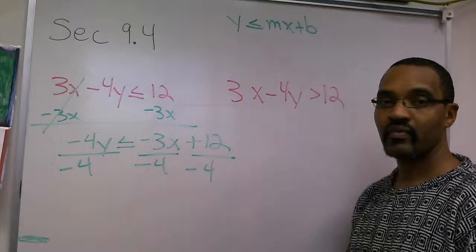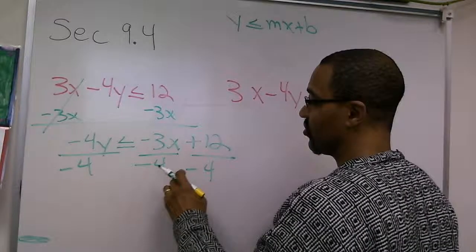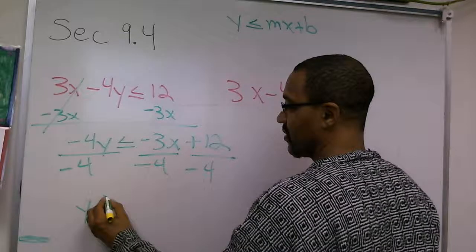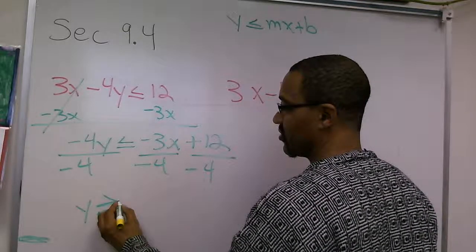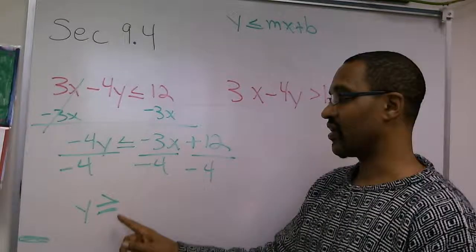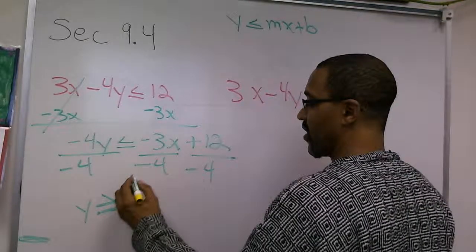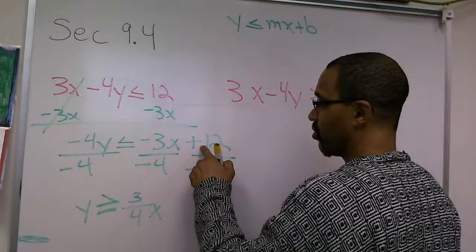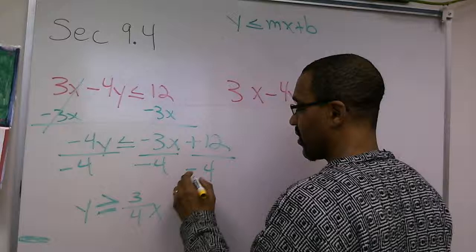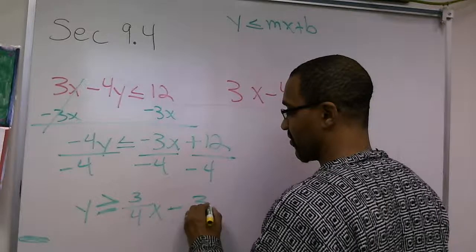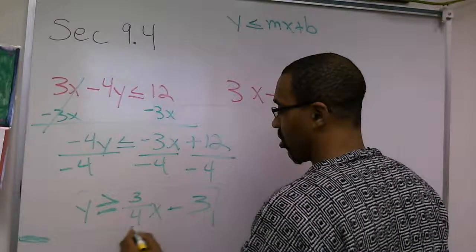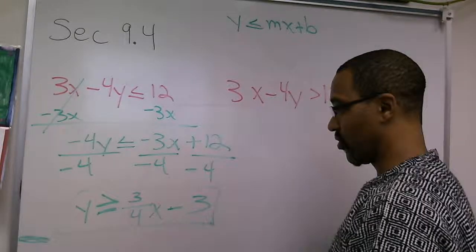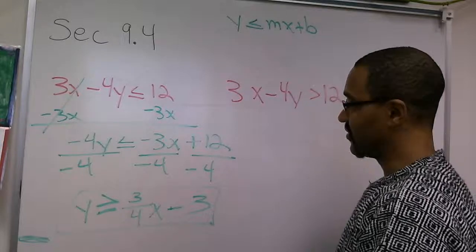Now, for inequalities, when you divide or multiply by a negative coefficient, this sign will change. The direction of the inequality will change. Negative 3 divided by negative 4 is positive 3/4 x. Plus 12 divided by negative 4 is a negative 3. This is what we would graph. y greater than or equal to 3/4 x minus 3.